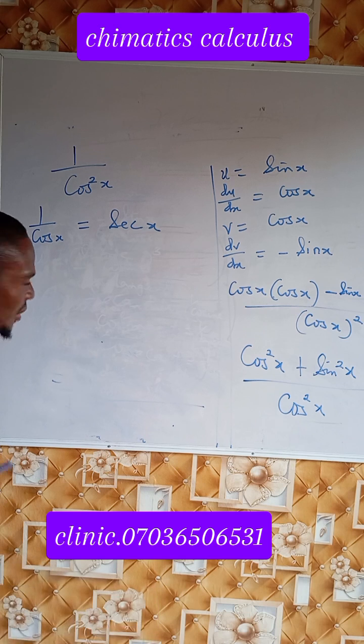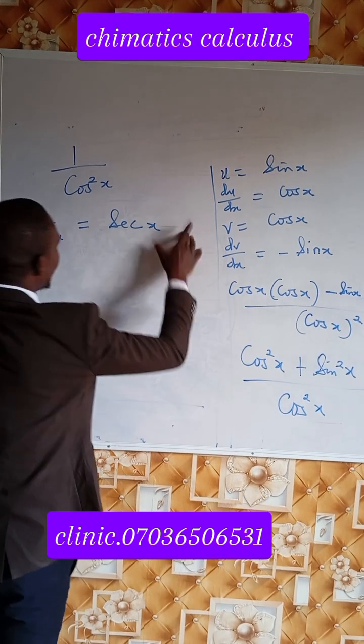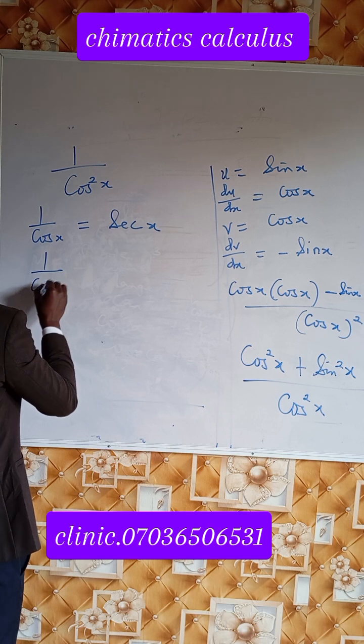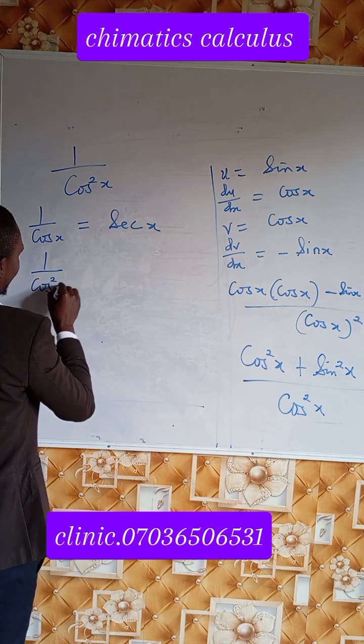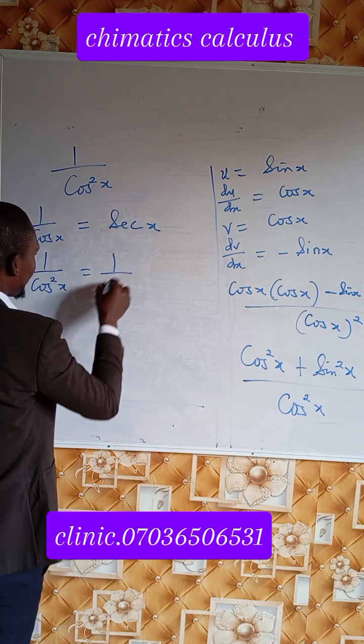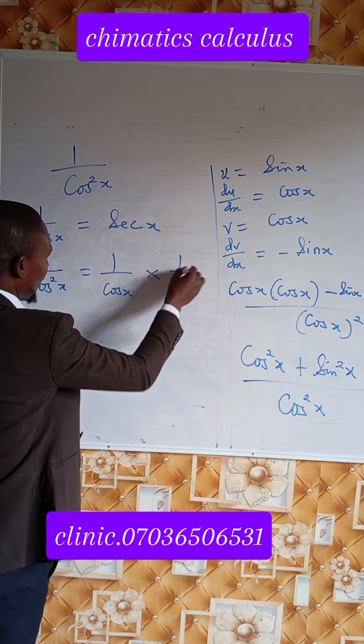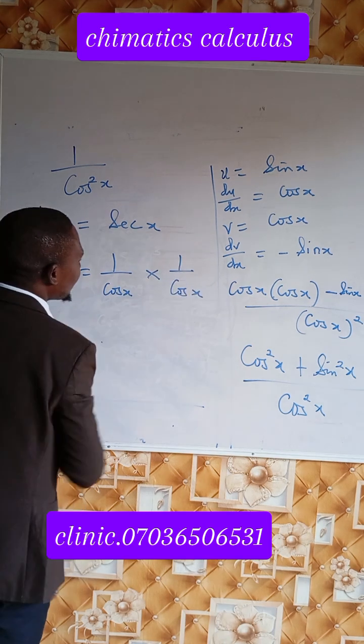1 over cos x is the same thing as sec x. But 1 over cos square x is the same as 1 over cos x times 1 over cos x.